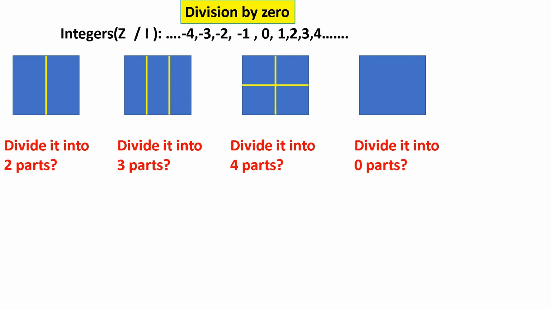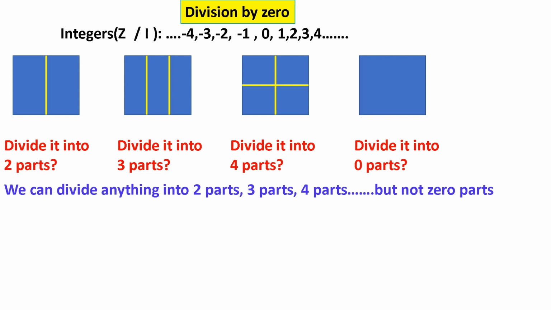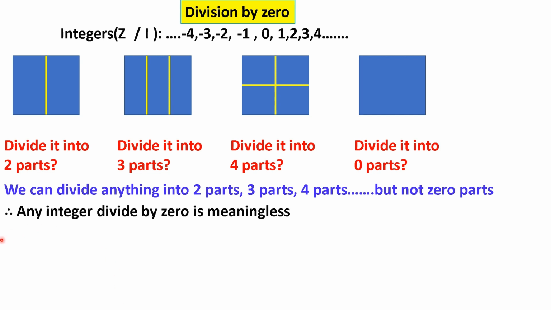How to do it? It is meaningless. We can divide anything into 2 parts, 3 parts, 4 parts, 5 parts, 6 parts, and so on, but not 0 parts. Any integer divided by 0 is meaningless.